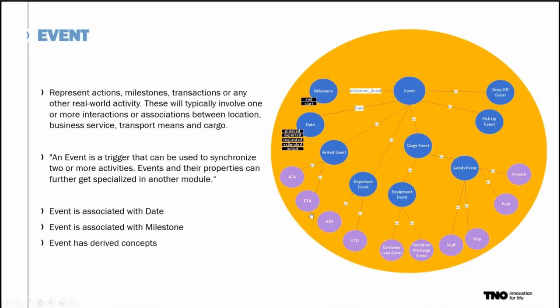And these are in purple because we call these inferred events. We do not specify the need to exactly input an actual time of arrival event, but we want the model to infer, based on, in the example, the digital twin and the physical infrastructure, that it should be an actual time of arrival event.